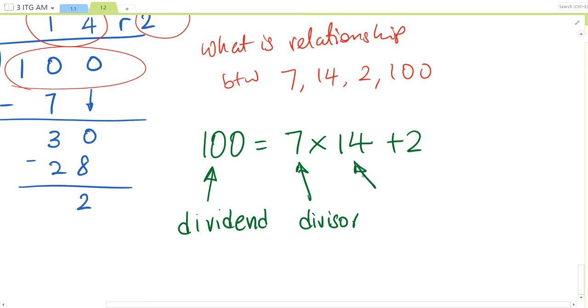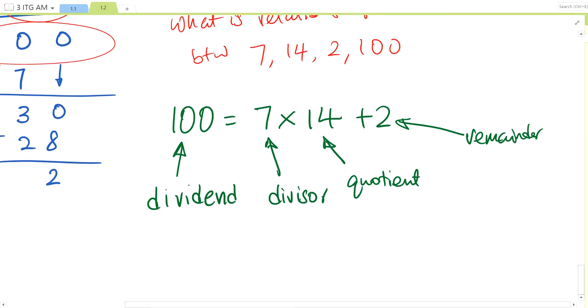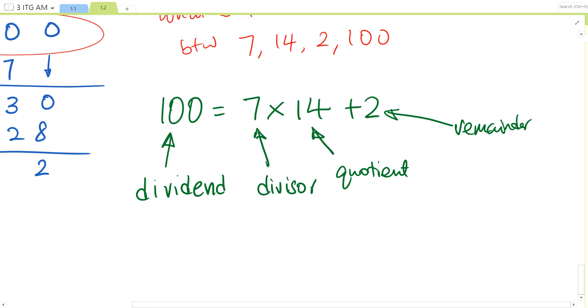Okay, 14 is the quotient. Then this is the remainder. Okay, difficult or not? Don't tell me difficult. Look at your textbook at the bottom, page 12. Do you have the same thing? Dividend equals divisor times quotient plus remainder. Same? Need to memorize? No need, because we all know it from primary school maths.